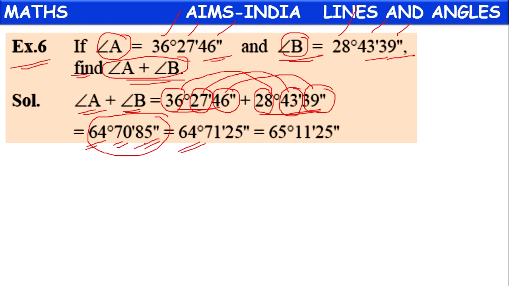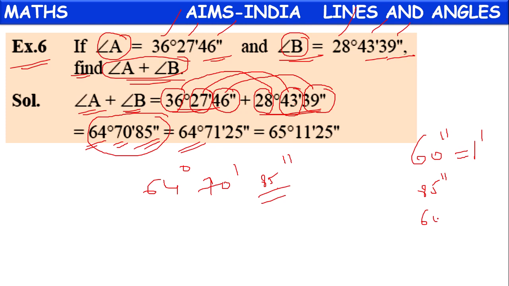But we are having 64 degrees, 70 minutes, 85 seconds. We know that 60 seconds equals 1 minute. So this 85 seconds can be written as 60 seconds plus 25 seconds, or 1 minute plus 25 seconds.